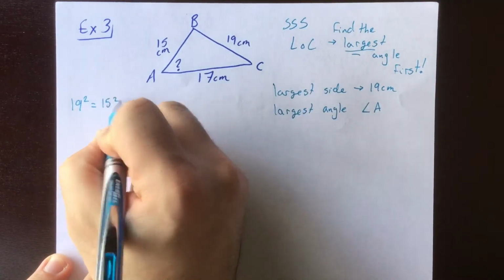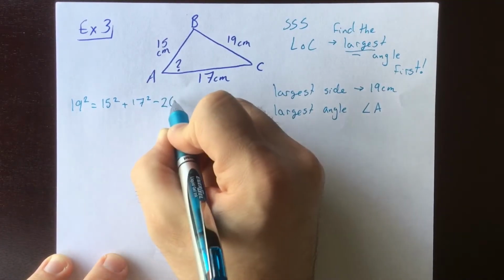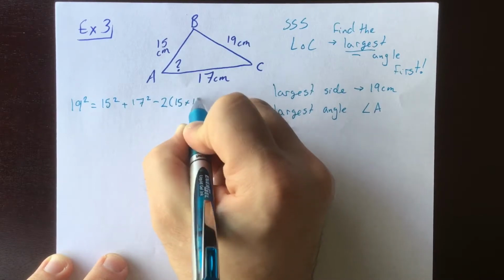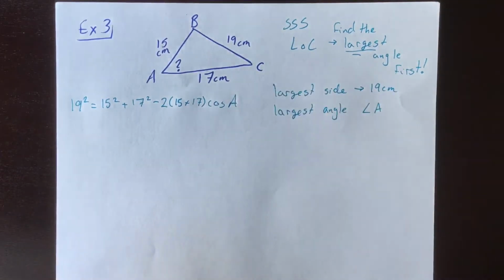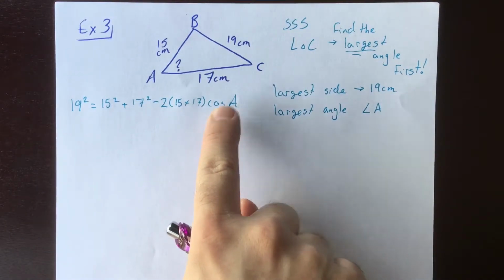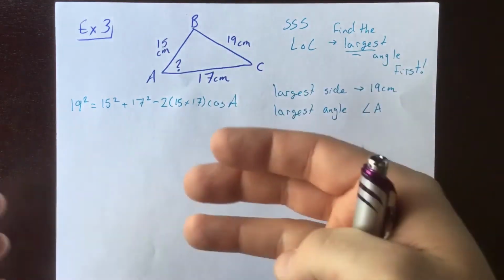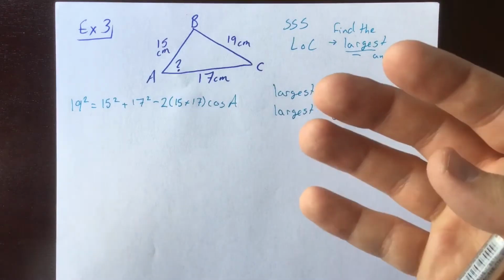Then we have 15 squared plus 17 squared minus 2 times 15 times 17 cosine of angle A. And I'm going to use this nice little technique that we have seen before when dealing with trig identities: I'm going to replace cosine of A with a single variable. And once I solve for that variable, I'm going to plug cosine of A back in and solve there.